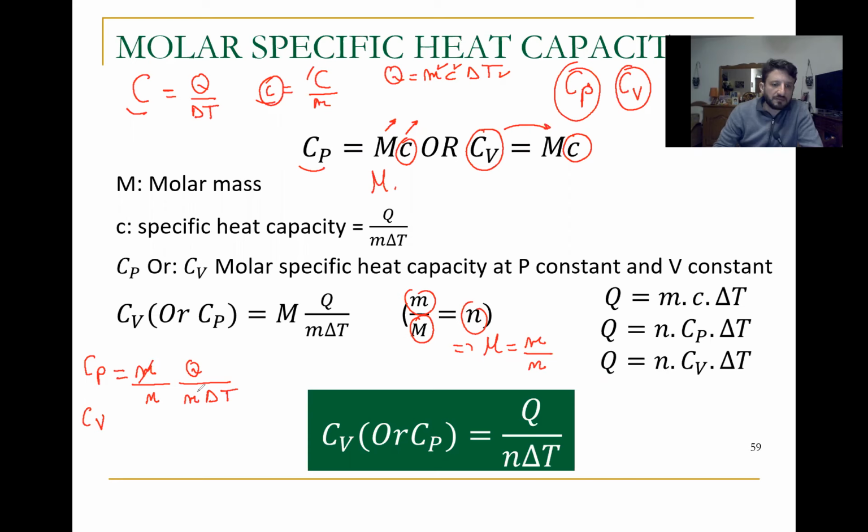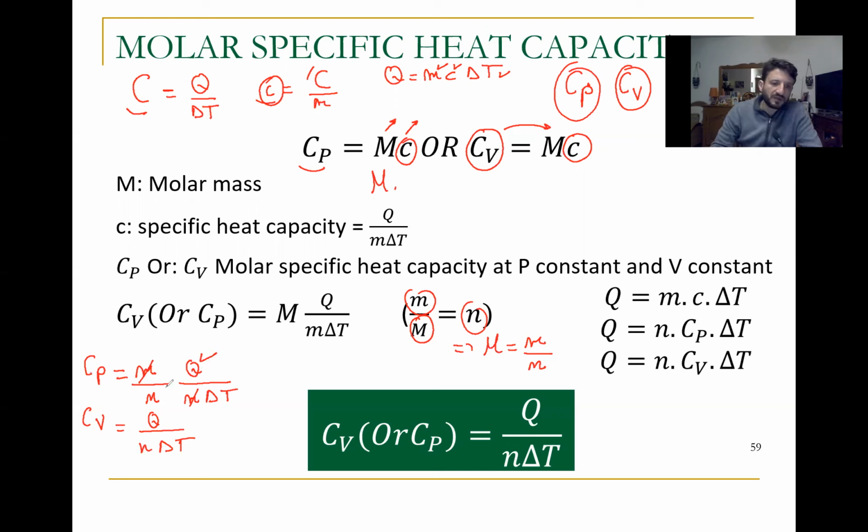So m with m cancels, and finally we get Cp equals Q divided by n delta T, or Cv equals Q divided by n delta T, okay?